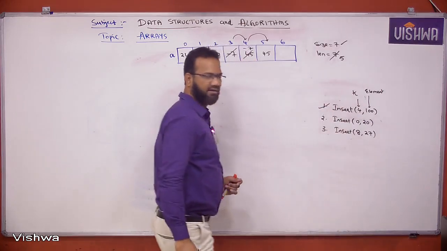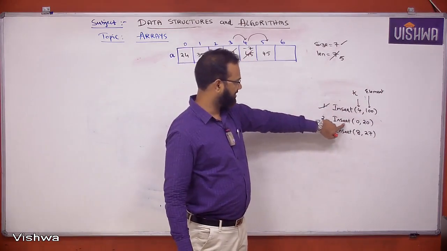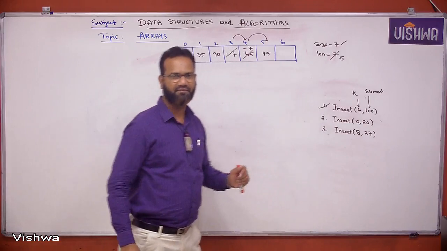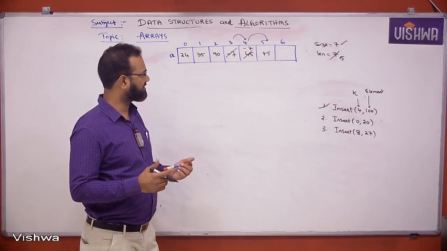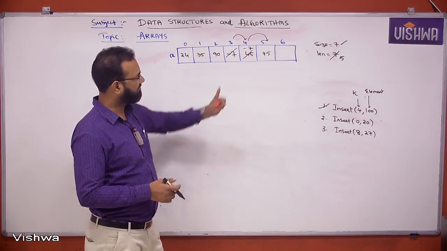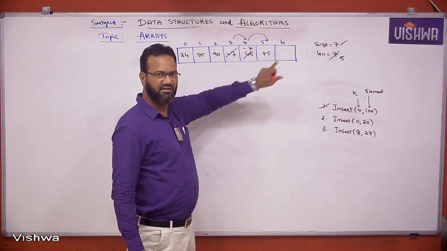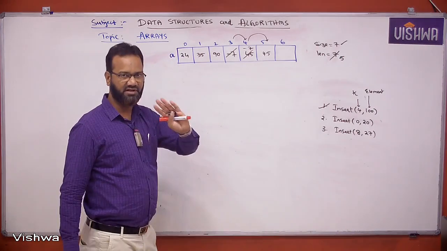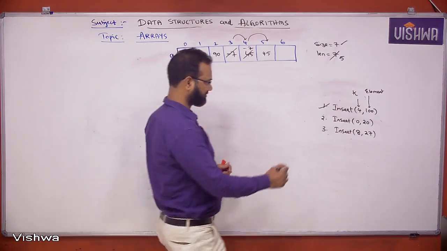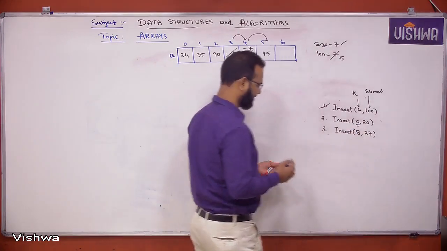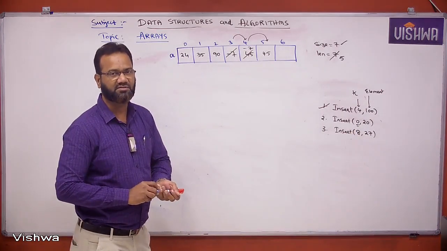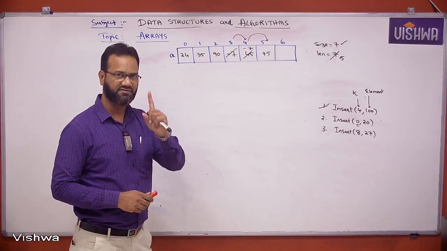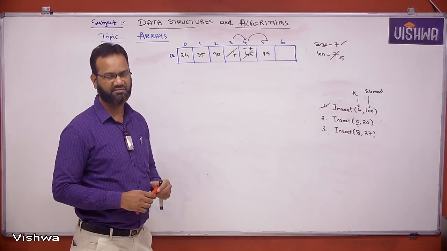Done. Then the next call is insert 0, 20. At which position should this insert the element? I have one empty memory location. Yes, I can shift the elements and adjust it. But what is the position asked by the user? Position is 0, whereas position always starts from 1, not from 0.